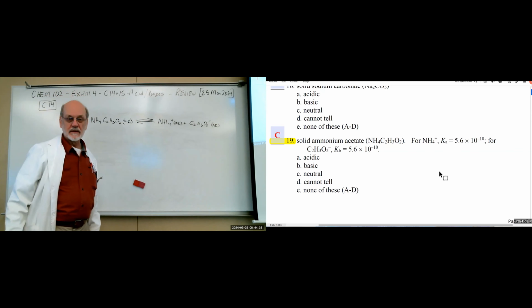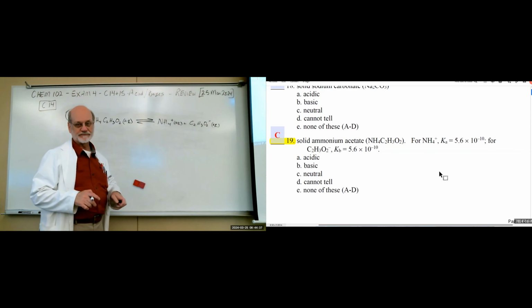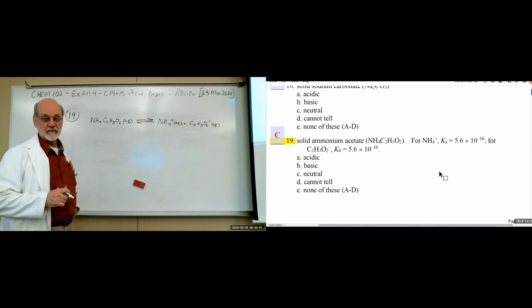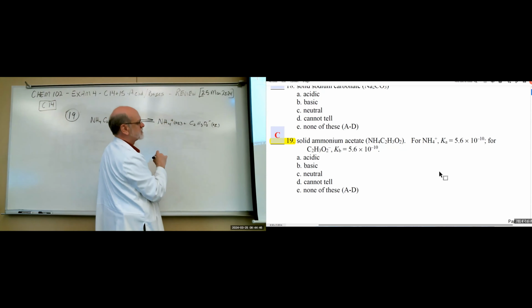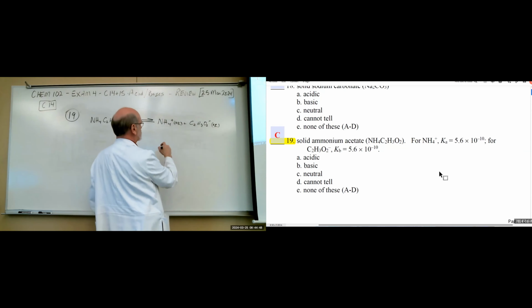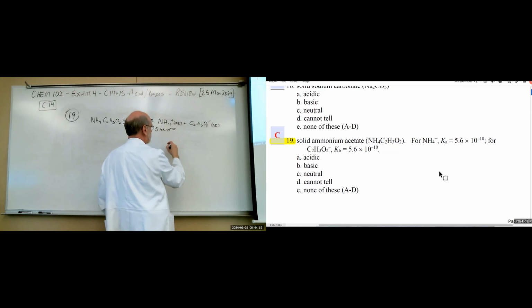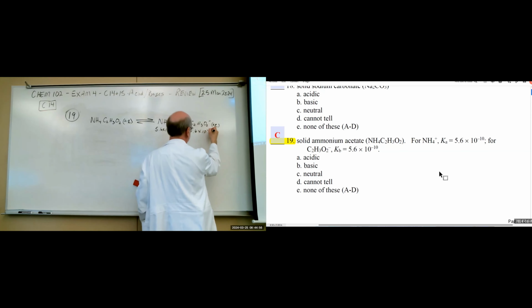Now, how do we need to determine, is this going to be acidic, basic, or neutral? And we're given the Ka and the Kb for each one. The Ka for this one is 5.6 times 10 to the minus 10. And the Kb for this one is also 5.6 times 10 to the minus 10.